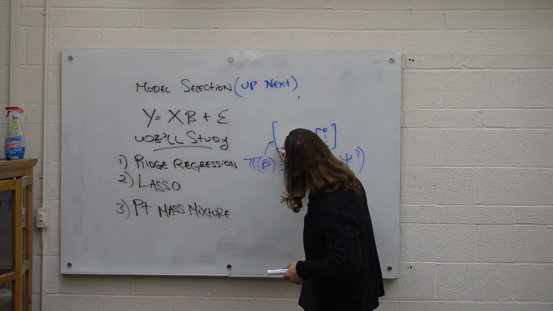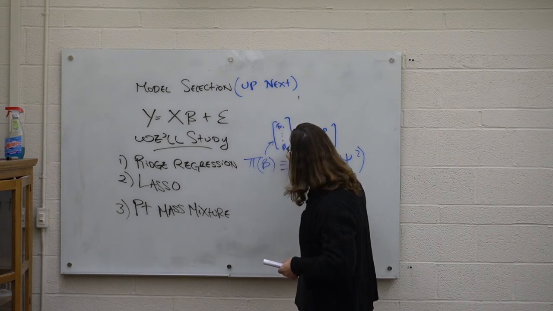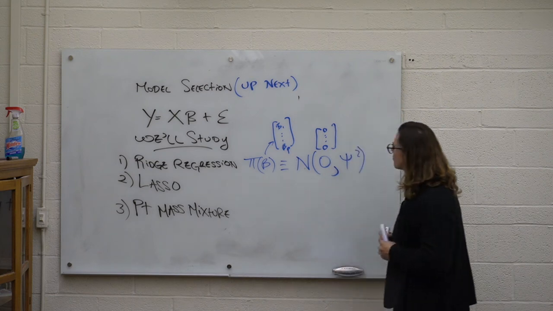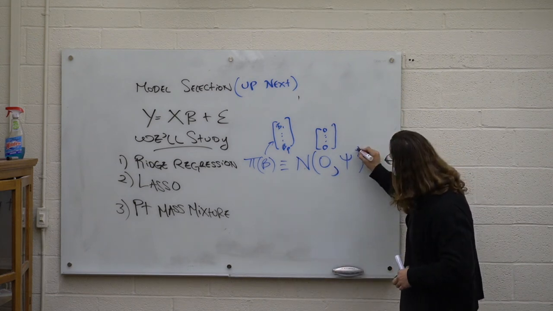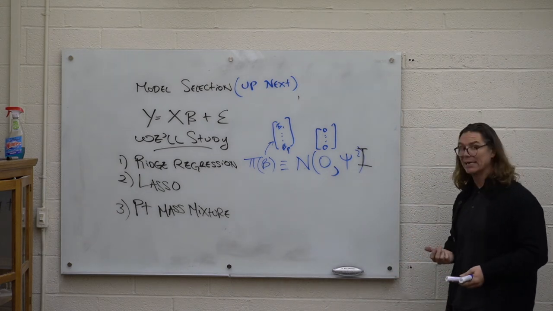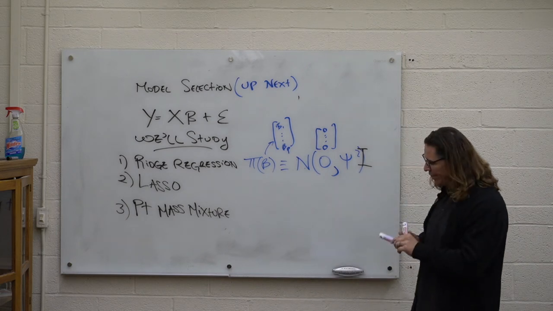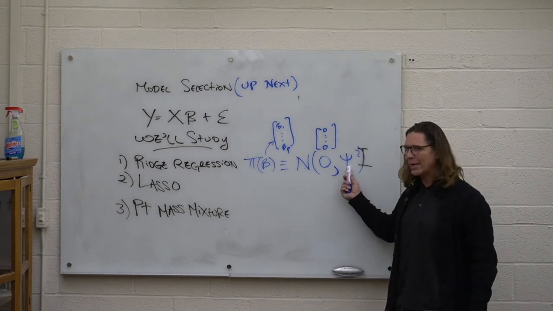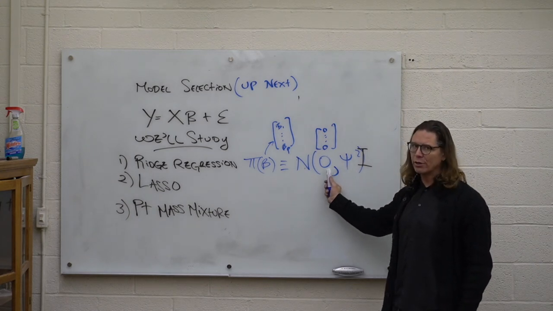So we're placing a prior jointly on all of the betas. And I guess in that vein, I should probably multiply this by the identity matrix. So psi squared times the identity right here. This, of course, is going to determine how much regularization and how much we're going to push everything towards zero.